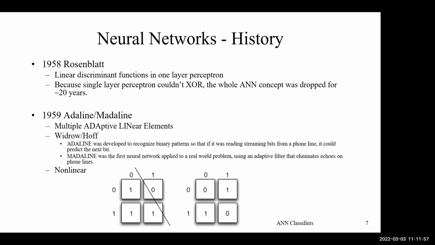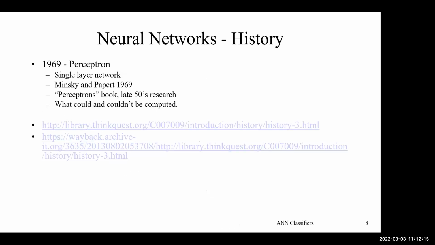About the same time that Rosenblatt was working, Widrow and Hoff were developing two other neural networks called the Adaline and the Madaline. Those were again looking to predict binary values, the same general way as the perceptron. Then Minsky and Papert revived the perceptron idea and probably coined the name, making it more popular at the end of the 60s.